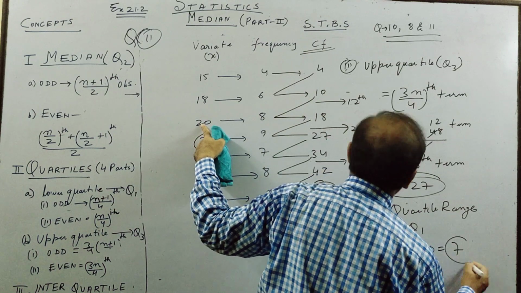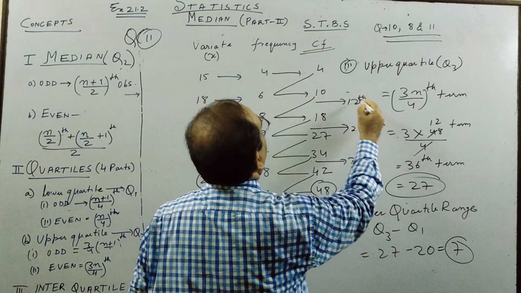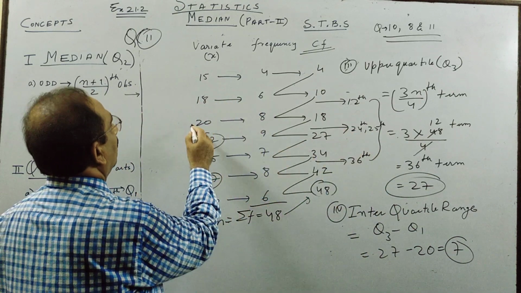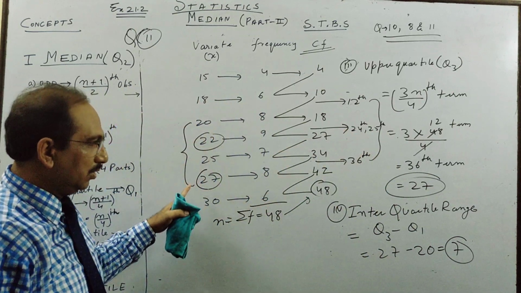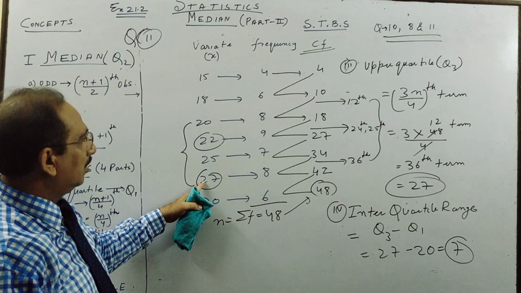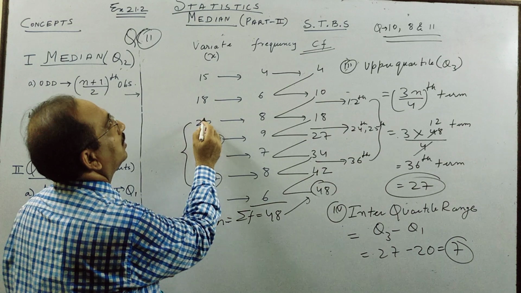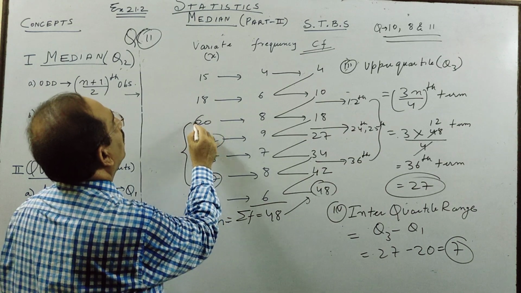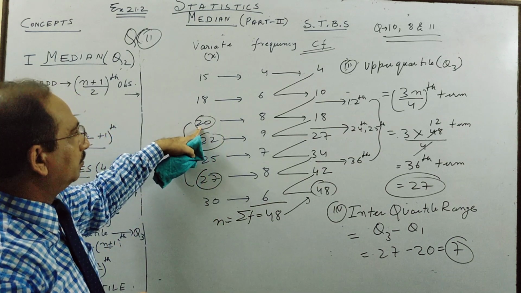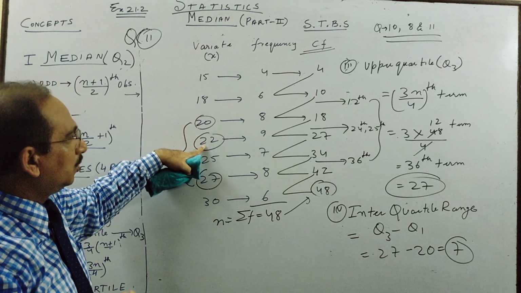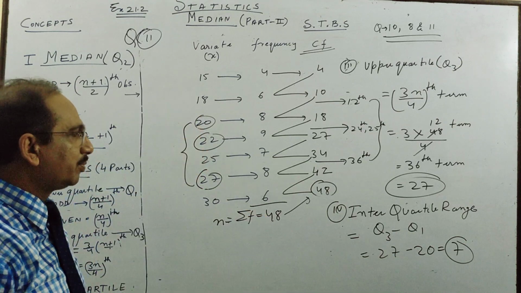So interquartile range is 27 minus 20. 22 was the median, and 20 was our lower quartile. Median Q2, Q1, Q3, we subtract and we get the answer.